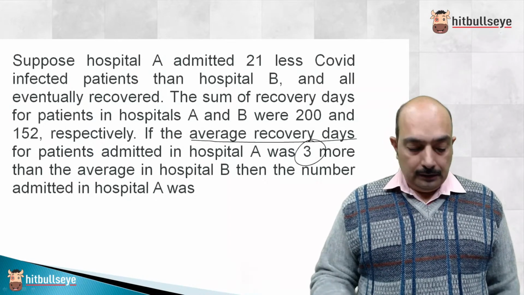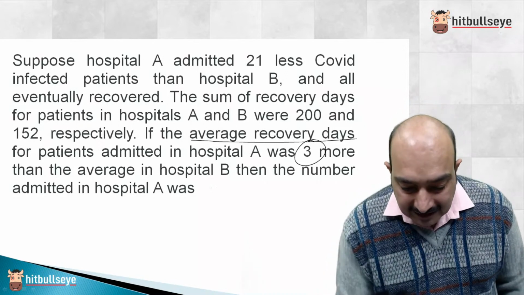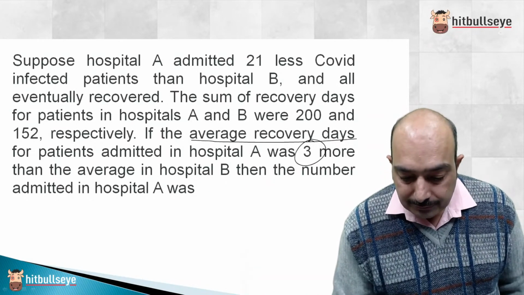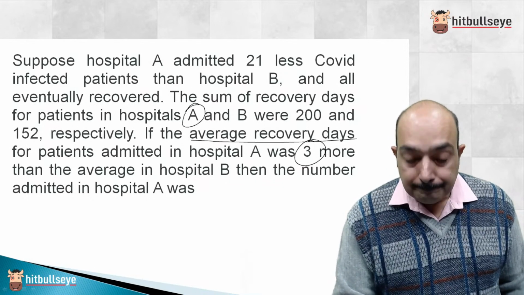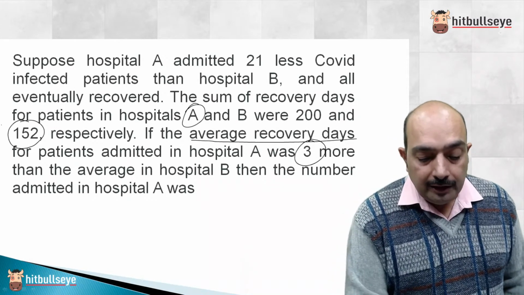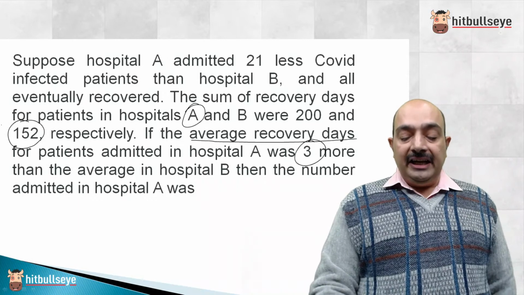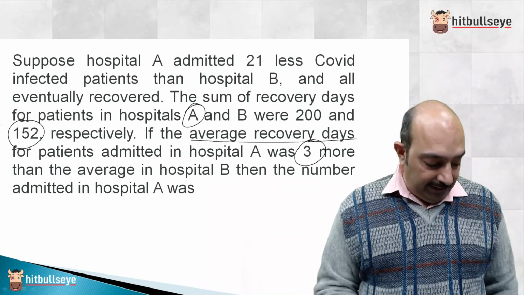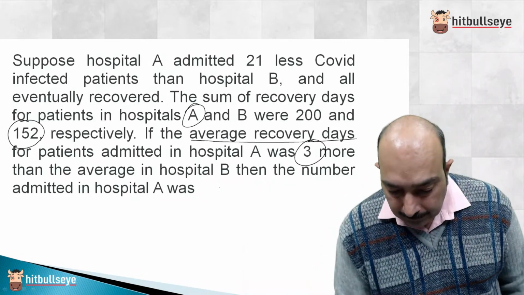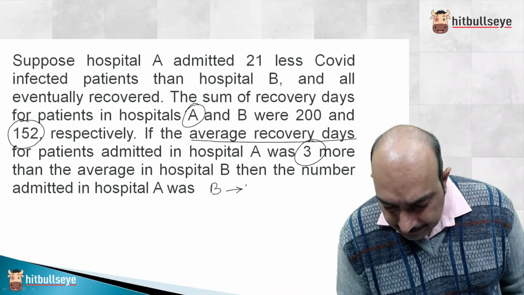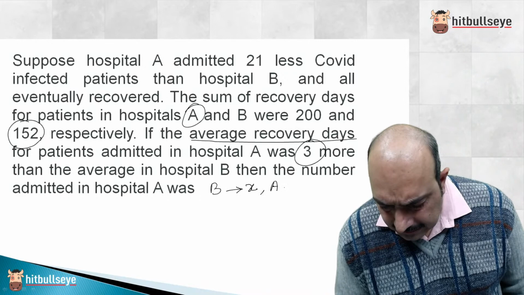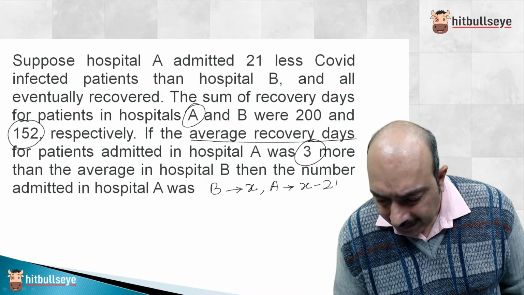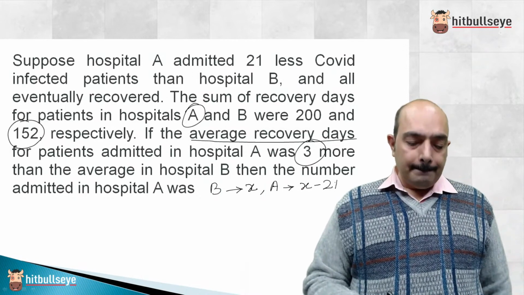Don't you think that is basically the sum of recovery days were 200 for A and 152 for B, and A had 21 fewer COVID patients than B. So supposing B has X patients, can I say A will have X minus 21? Is it fine?